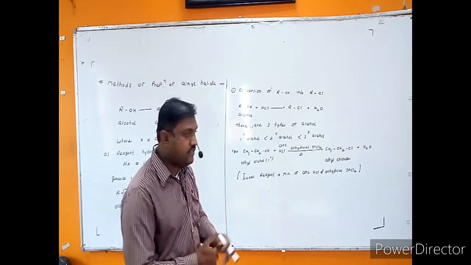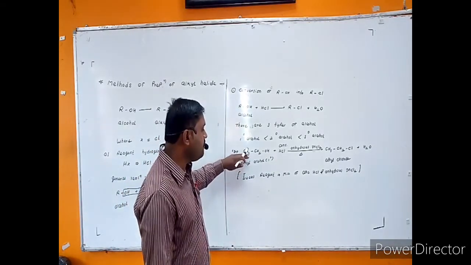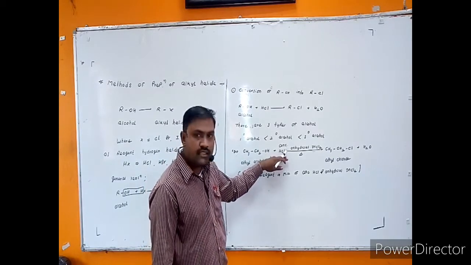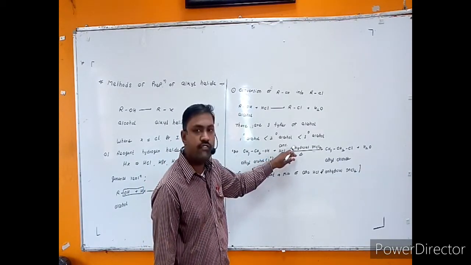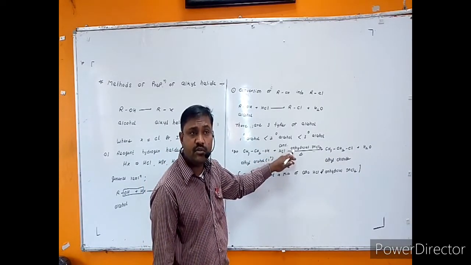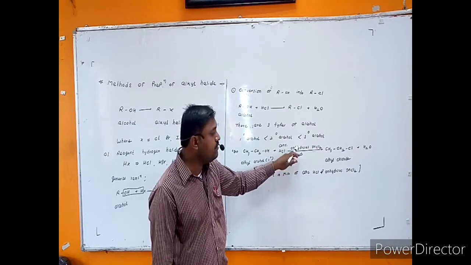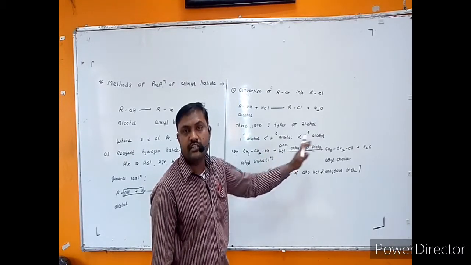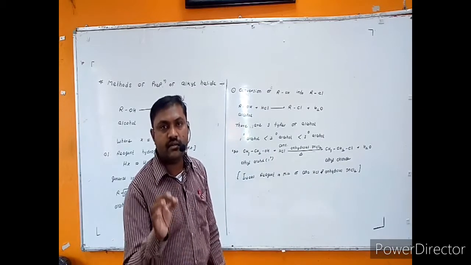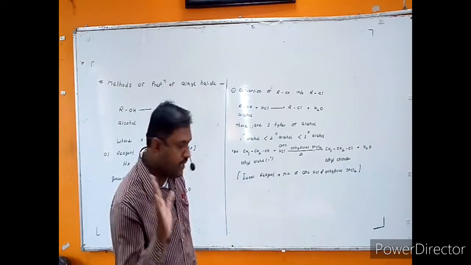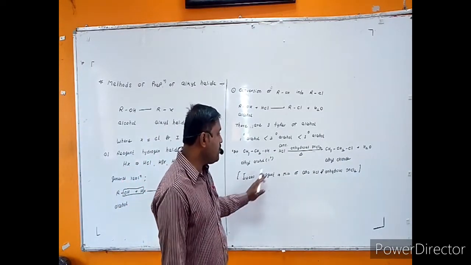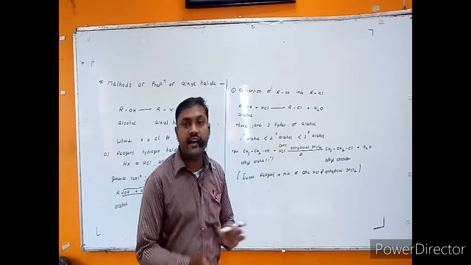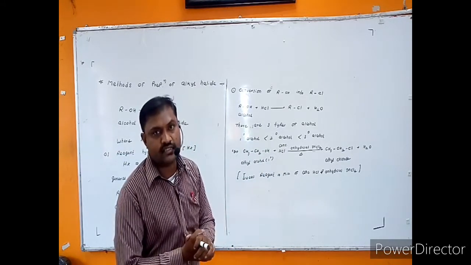Different condition means while carrying reaction between primary alcohol and concentrated HCl, always carry out in presence of anhydrous ZnCl2 and heat them together. Without this catalyst, this conversion is not possible. So that is the point to be remembered. Okay. Now the mixture of concentrated HCl and anhydrous ZnCl2, that is called Lucas reagent.